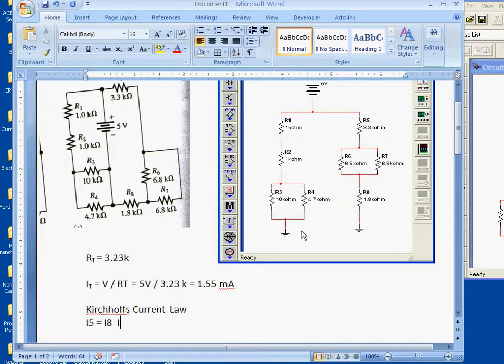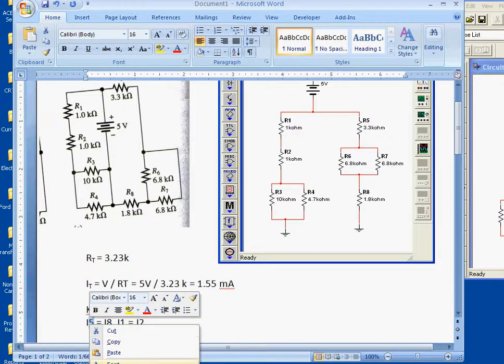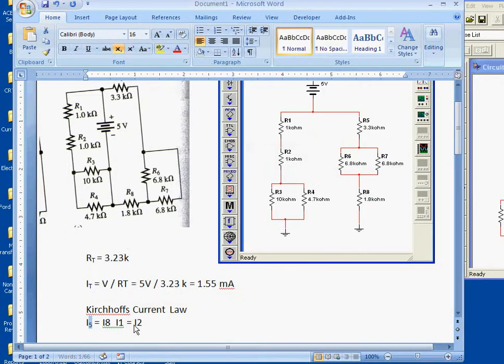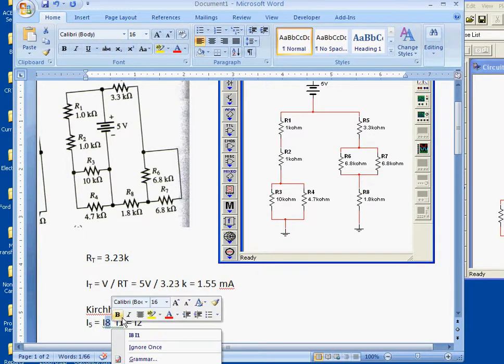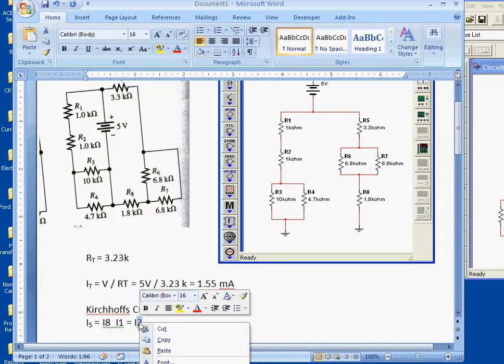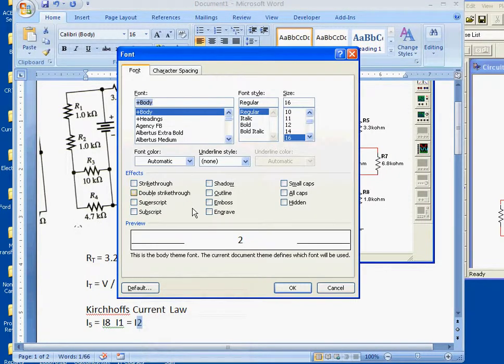So I'm going to say current at 1 is going to be equal to current at 2. Clean this up just a little bit, like that. We'll come back to that.